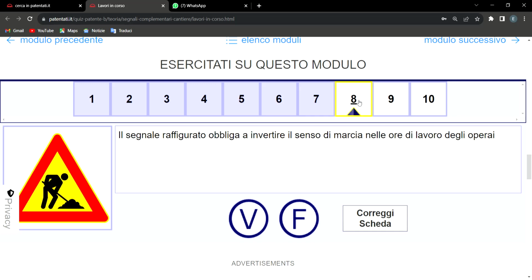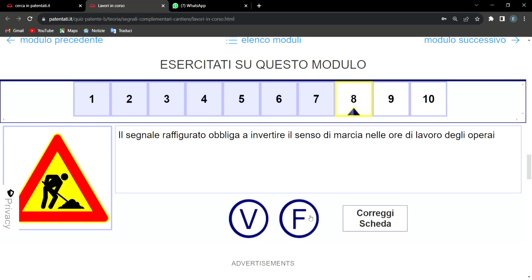So number 8, we have 2 more questions to answer before we round up. Number 8, it says il segnale raffigurato obbliga a invertire il senso di marcia nelle ore di lavoro degli operai. So it says this very sign is compulsory, that you drive on the road during the time of working.